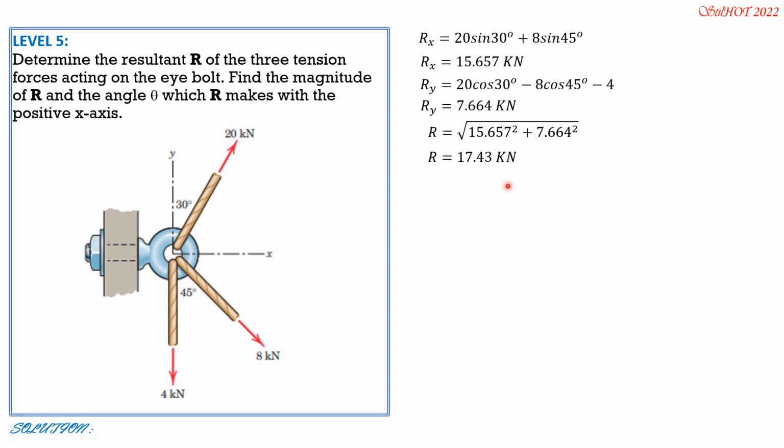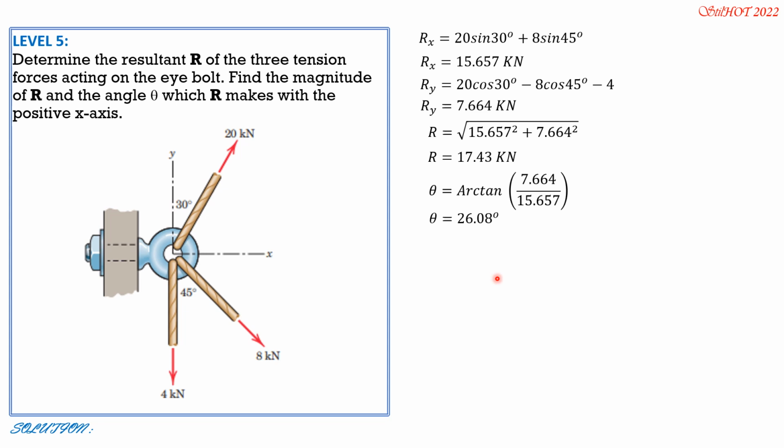That's not the answer. That's only the magnitude. We are asked for the vector, so it must be coupled with the direction theta. Theta is arctan of Ry over Rx, 7.664 over 15.657. So theta is 26.08 degrees.